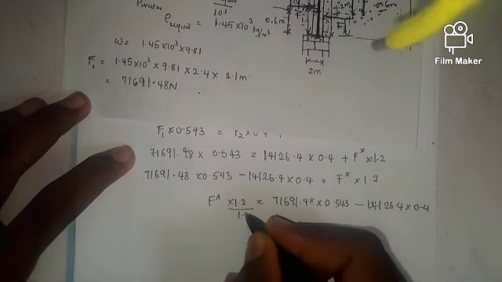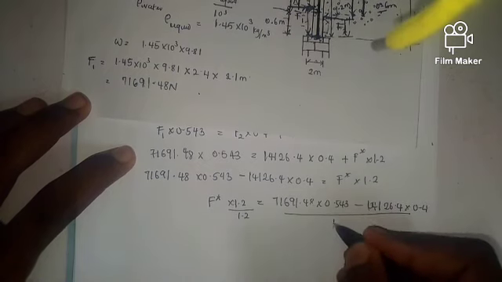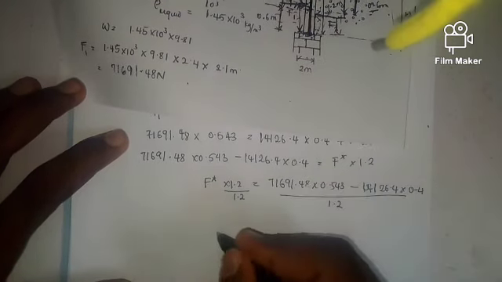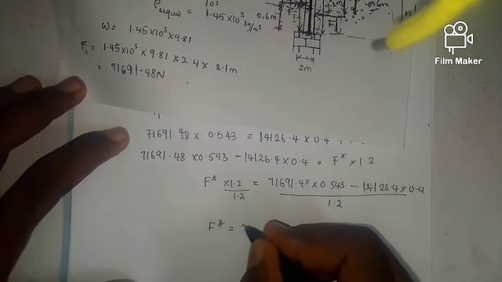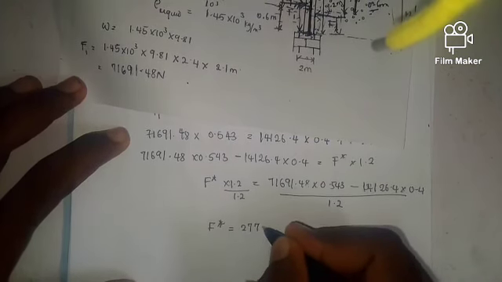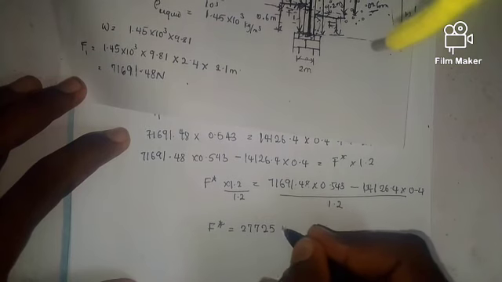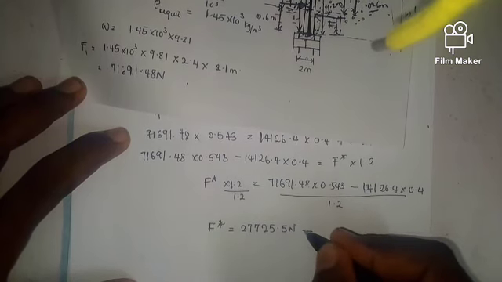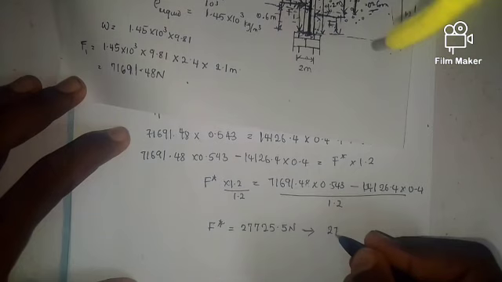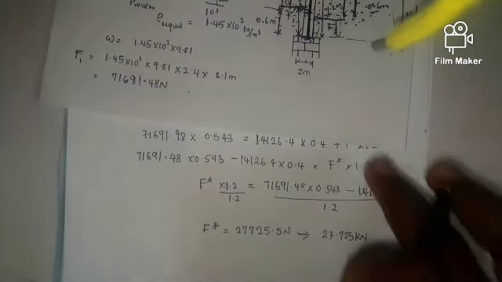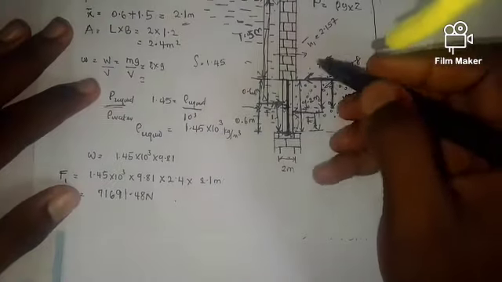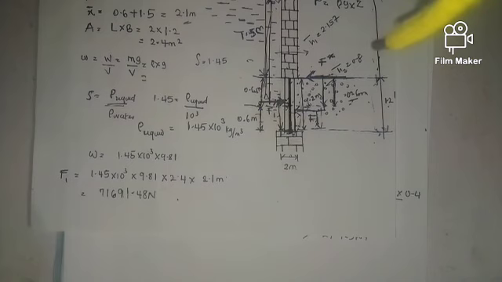Dividing both sides by 1.2, my horizontal force, which is F star, will give me 27725.5 Newton. In kilonewton, we have 27.725 kilonewton. So that is that for my horizontal force F star acting at the surface of the gate, which we're capable of opening it.